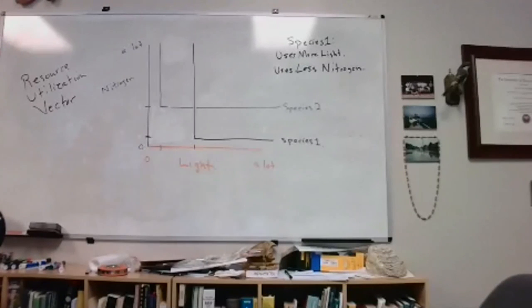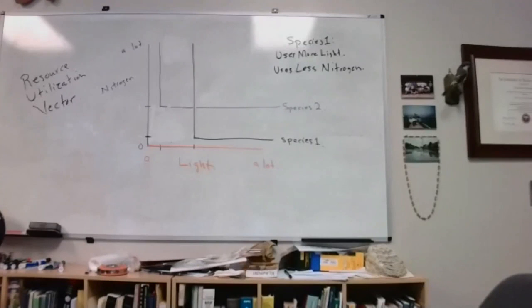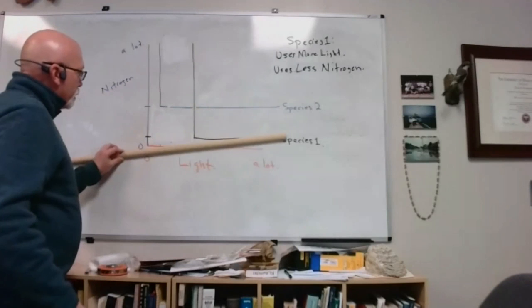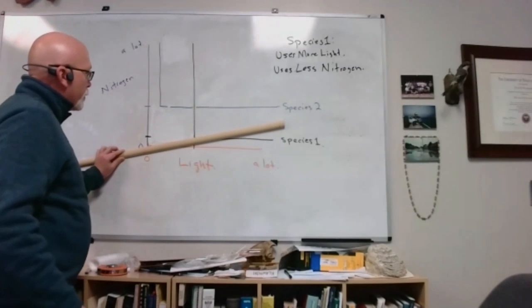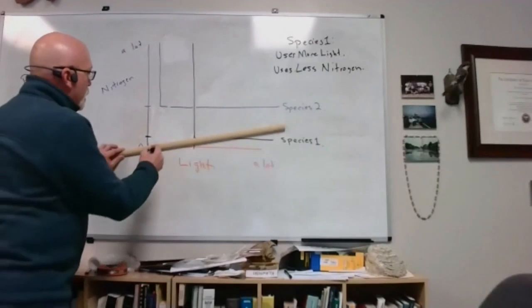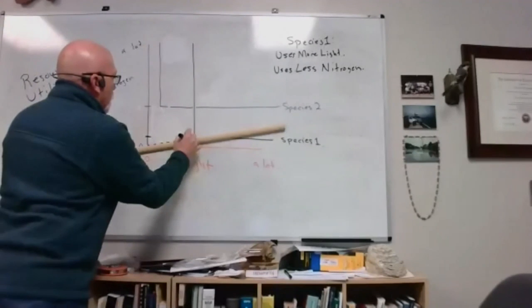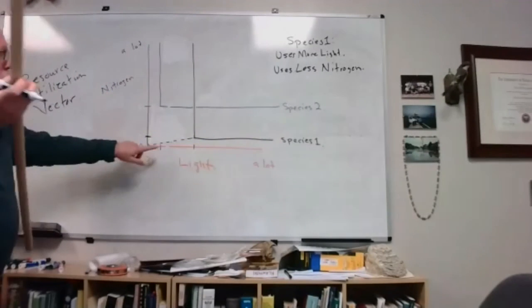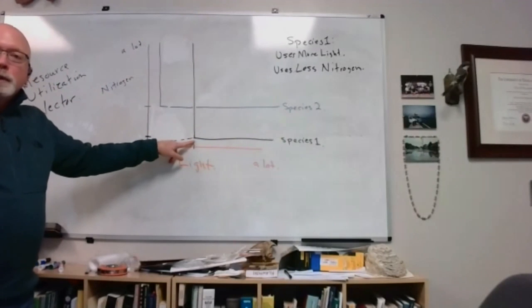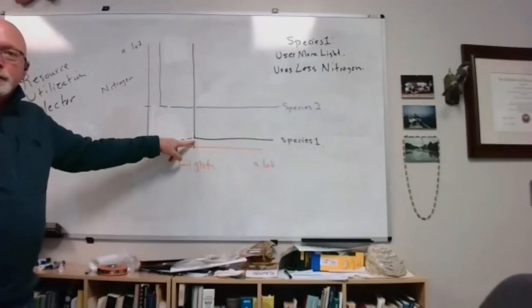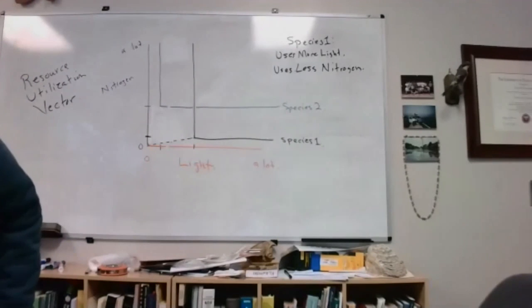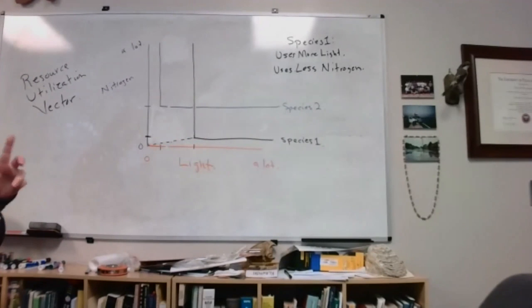And the way we typically do this is by drawing a line between the origin, where there's 0 of the two resources, and we draw a straight line that goes from the origin to the spot in the middle here where the two resources intersect for species one. And so that would be the resource utilization vector of species one.